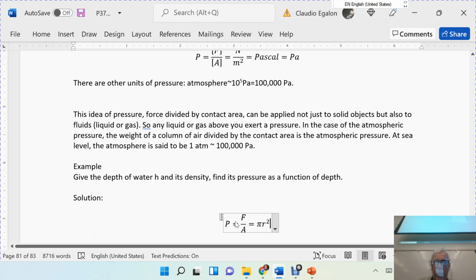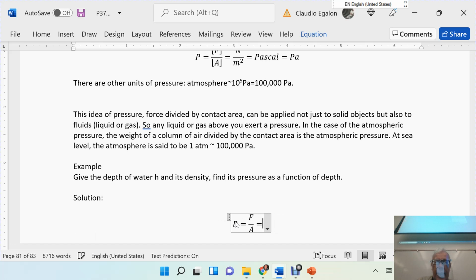This force is going to be the mass of the column of water, delta M times g. Okay? Divided by what? Divided by the area in contact with you.